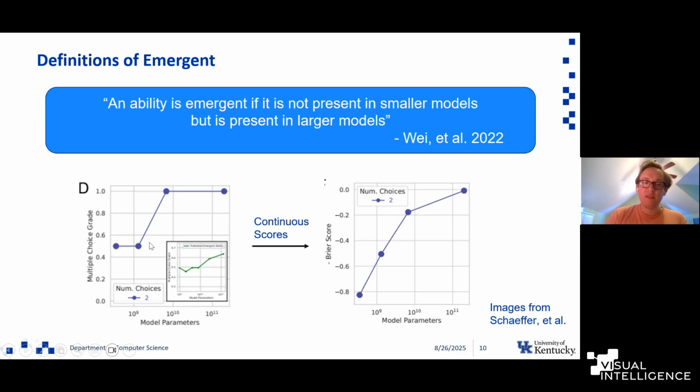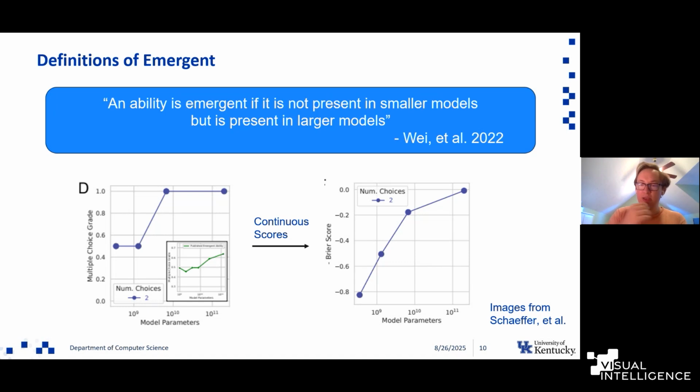Like that previous big jump that we saw, where it was performing at random and then all of a sudden it gets very good. If we make the scores continuous, so going from this discrete accuracy measurement to some continuous one, like a Brier score, shown on the right, it actually kind of linearizes the performance as you increase with scale.